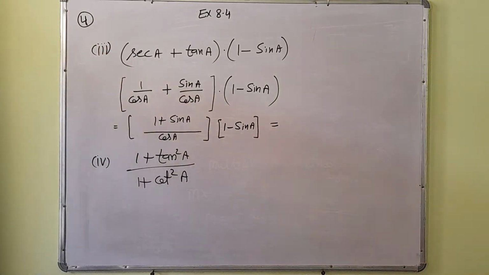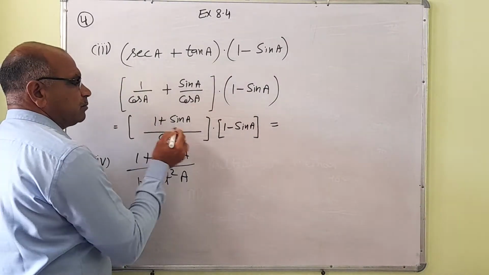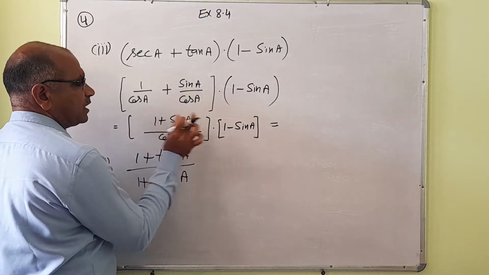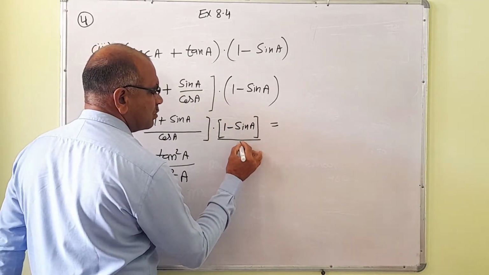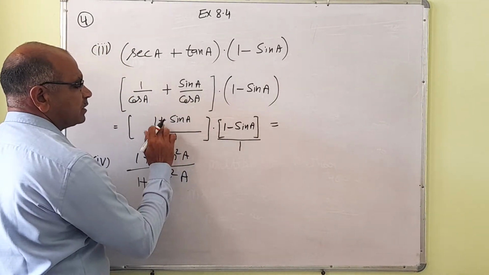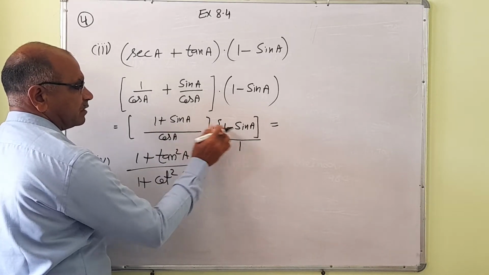Go step by step. This is the multiplying term. In the numerator we can see 1 plus sin A and this is also a numerator. You can assume it is upon 1. Both are numerators but both have different signs.